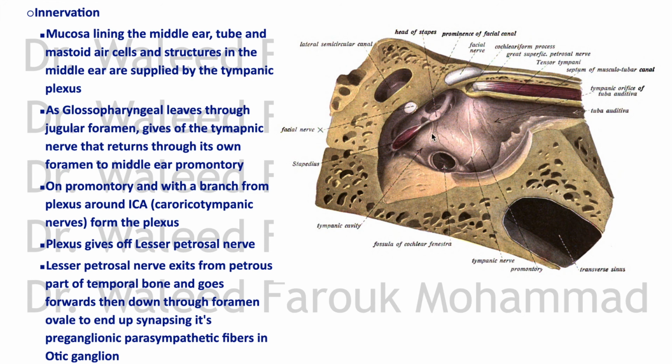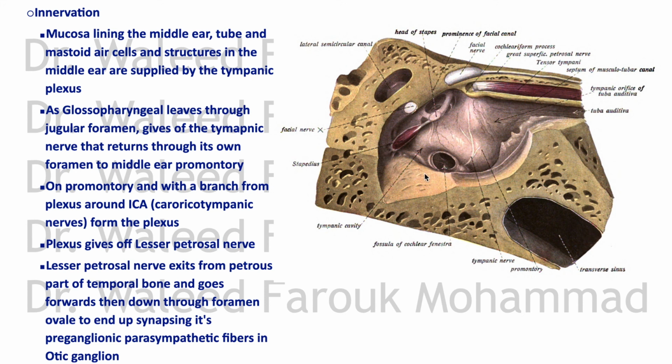This is the tympanic plexus, and it gives away the lesser petrosal that carries the parasympathetic component through the glossopharyngeal nerve and is destined to the otic ganglion after it descends from the foramen ovale. Of course, you know about this story.